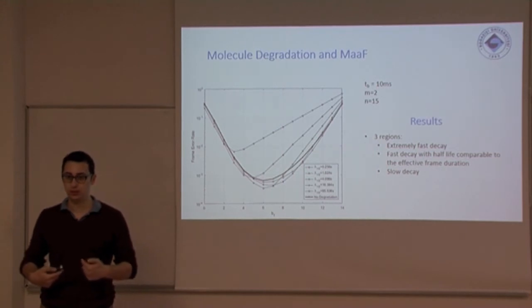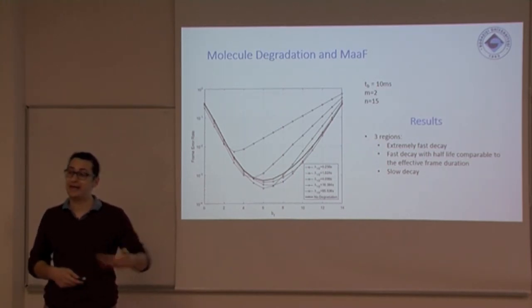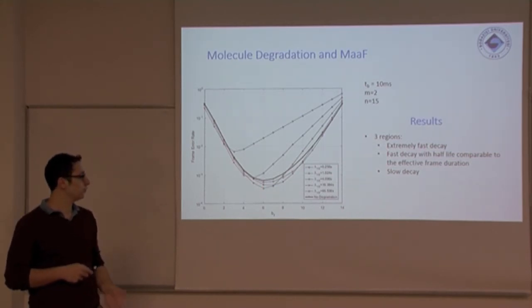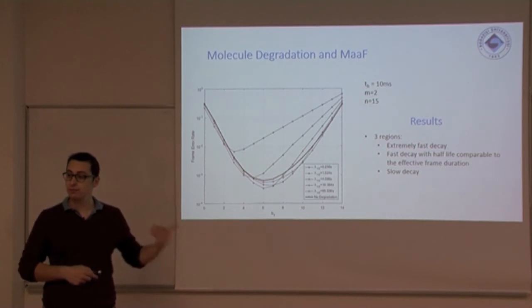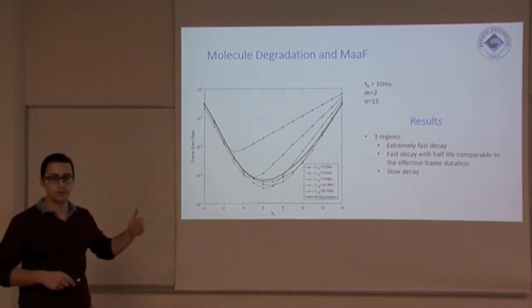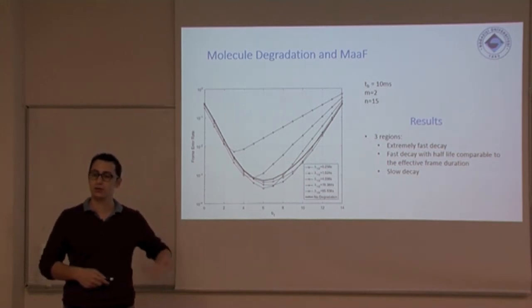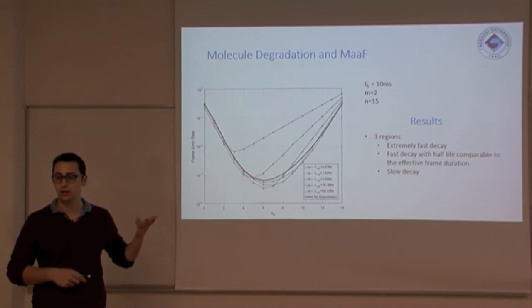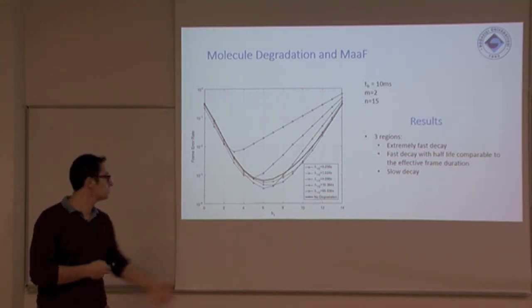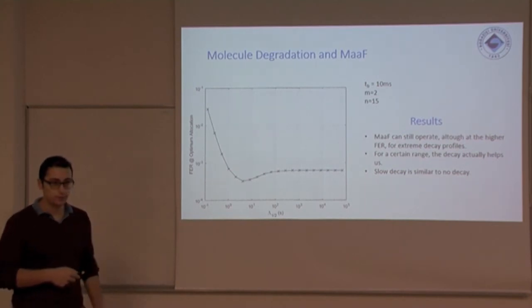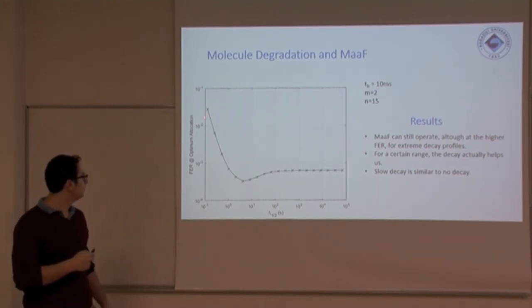It helps you, but it doesn't attenuate your signal as much. So the half-life of 4 seconds is better than the original case without degradation. Then when the degradation gets slower and slower, the case starts to converge to the original curve without degradation.